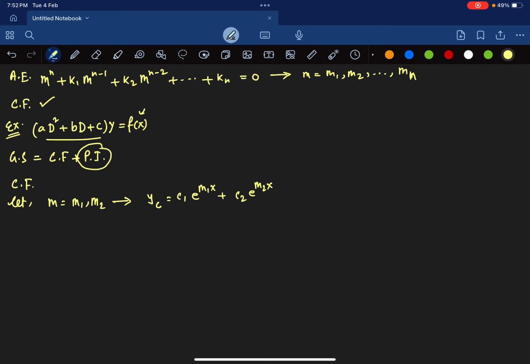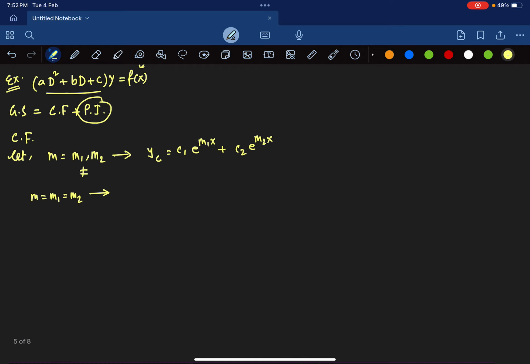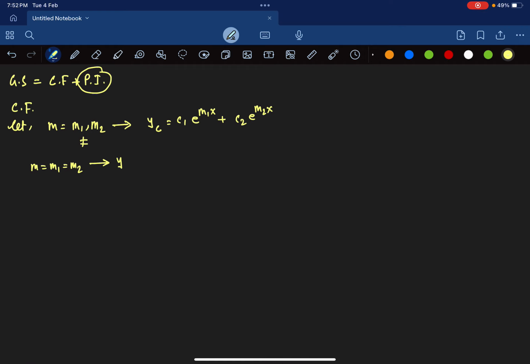If m1 equals m2, that means real and identical, then the complementary function yc is (c1 plus c2 x) e^(mx).